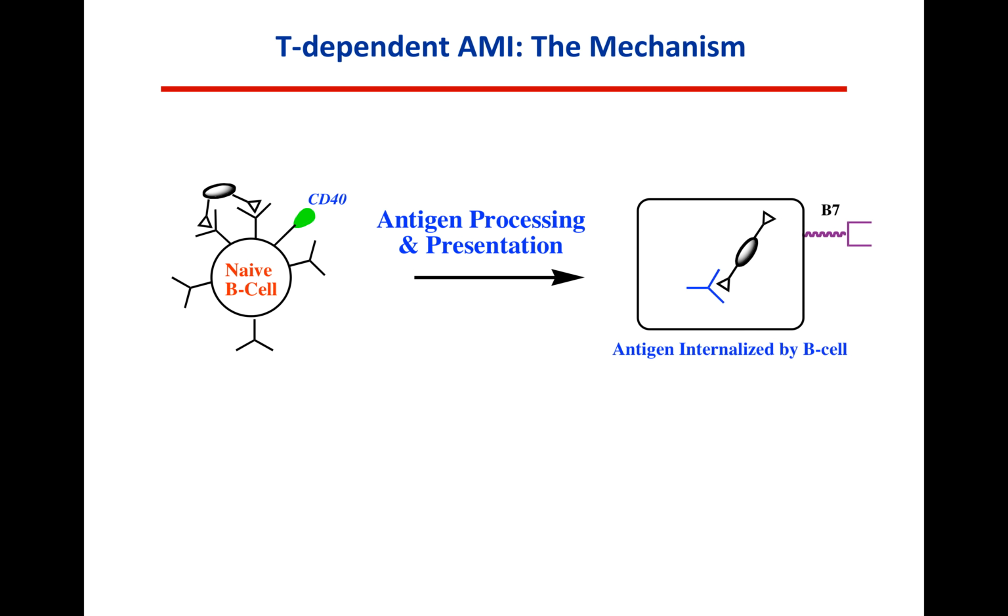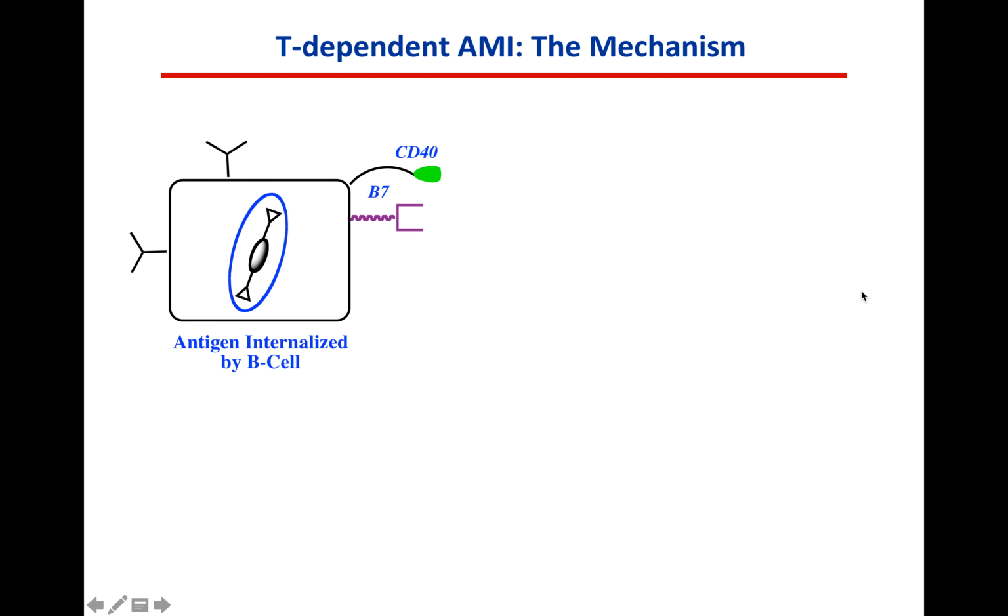Regardless, the antibody will be internalized with the bound antigen into the cell. B7 will be expressed on the surface of the B cell.